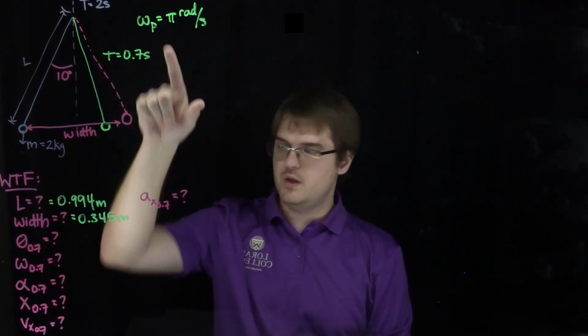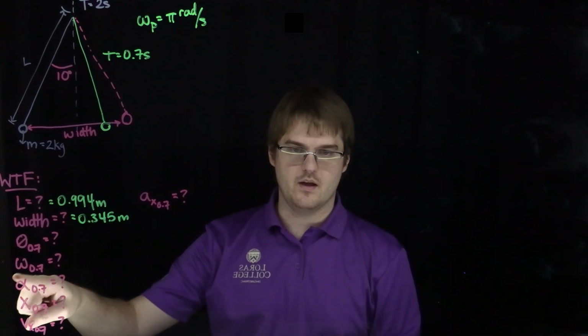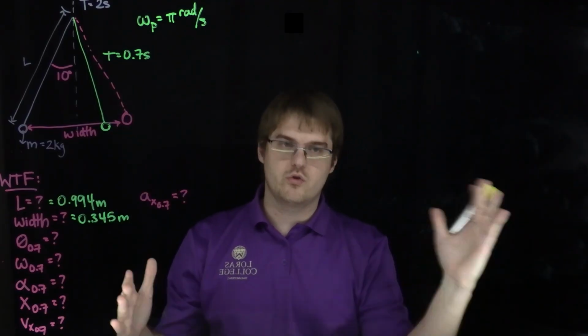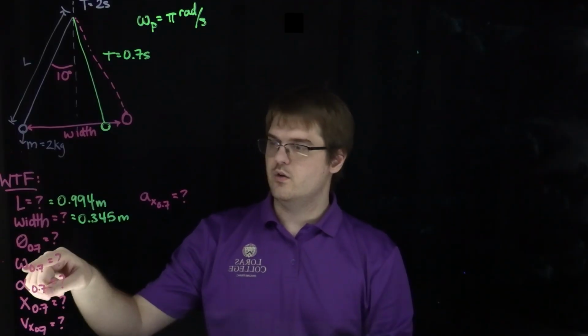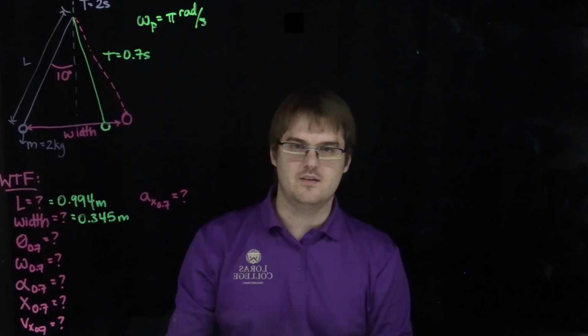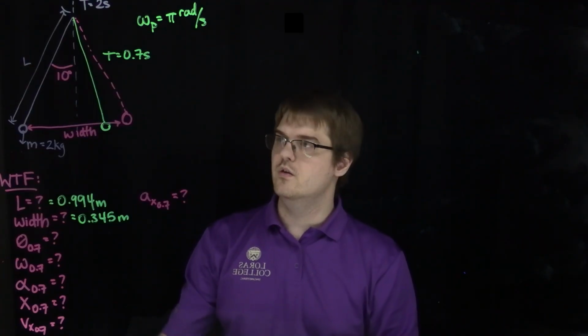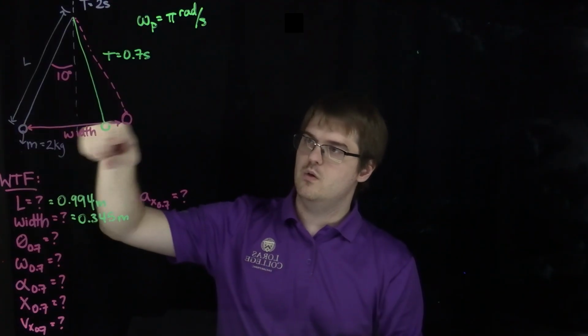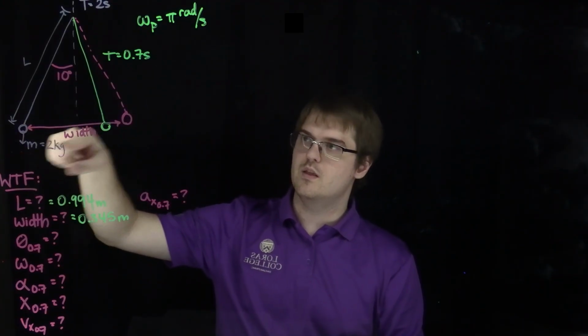Note that this omega p is not going to be this omega right here. This omega p talks about how quickly we're going through this cycle. This omega talks about the angular velocity of our piece at any different point in our cycle, which very clearly is changing because as we go left to right, we're going in the positive direction.